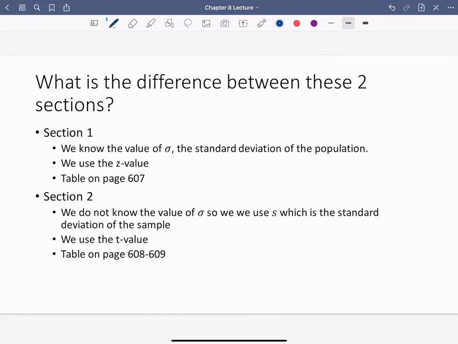So we use S, which is the standard deviation of the sample. The difference is population means the whole thing, and the sample is we're taking just a sample size. And we're going to use the t value, which is the table on pages 608 and 609.